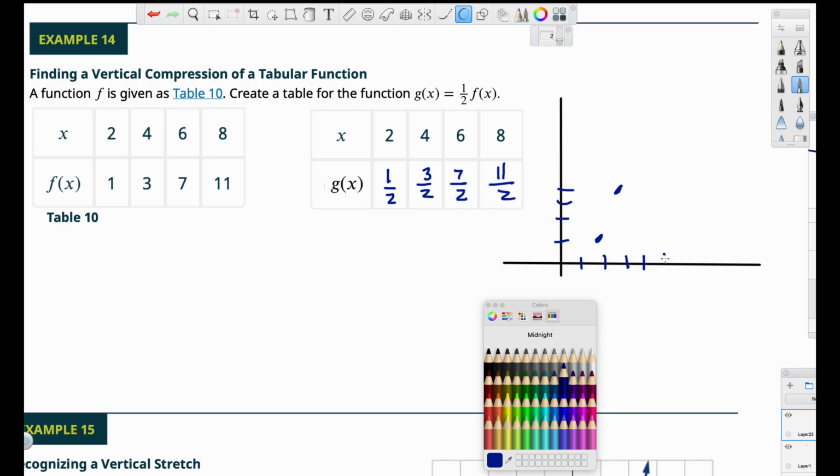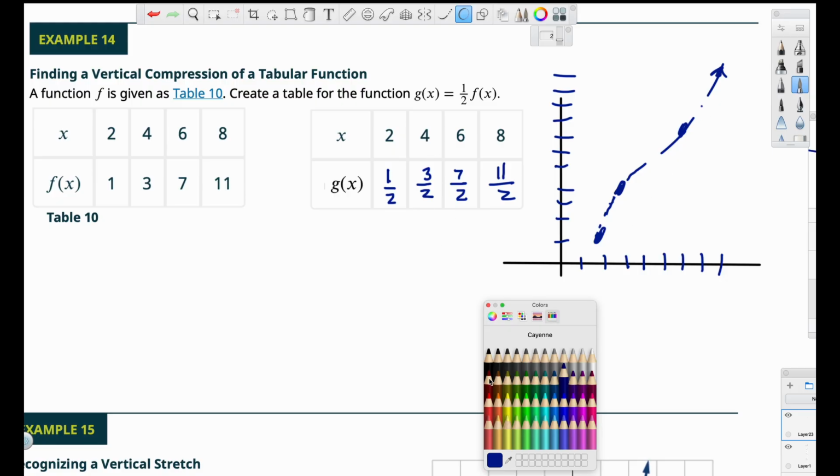At 2, my output is 1, at 4 it's 3, at 6 I'm up to 7, and then at 8, I'm at 11. I'm up here. And so maybe this graph would do something like this. I don't know if it's continuous or not. So here are my points.